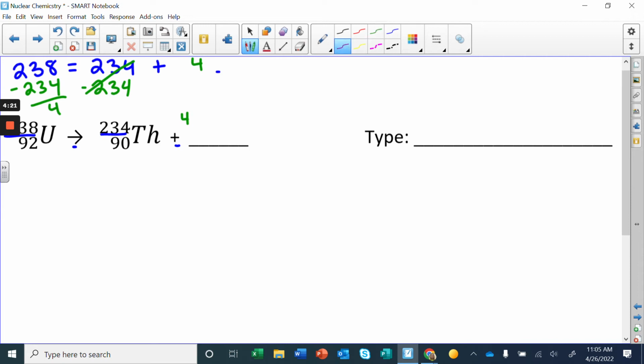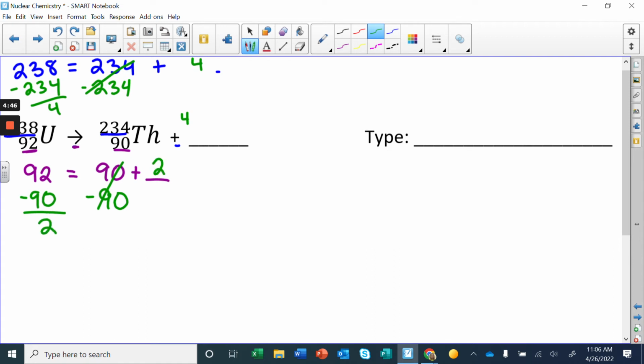Now we're going to look at our bottom numbers. We have 92 equals 90 plus blank. So again, we can go ahead and subtract 90 from both sides. These cancel each other out. 92 minus 90 is 2.